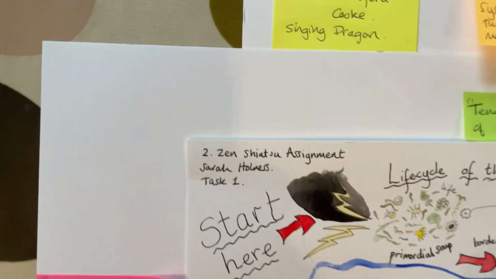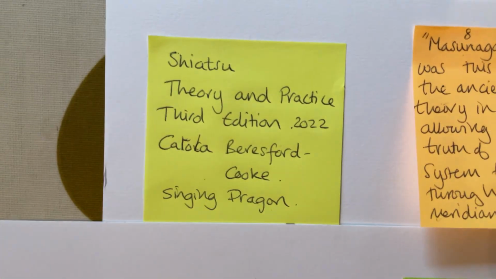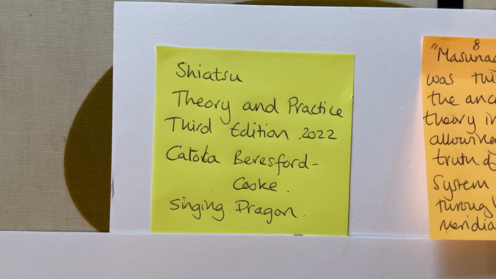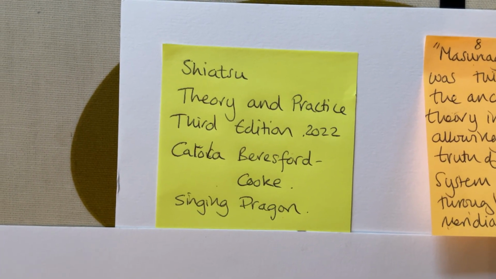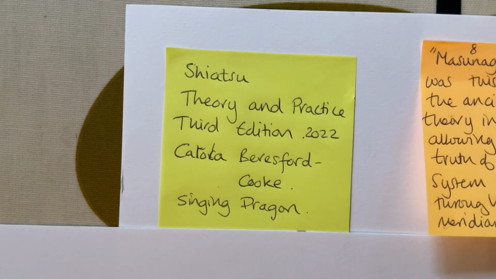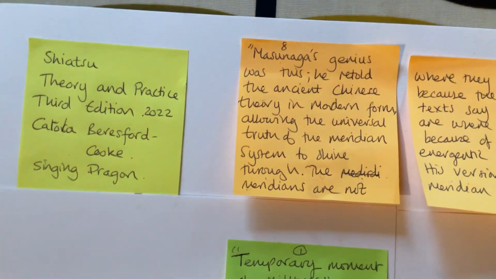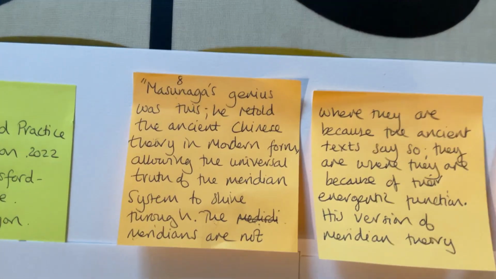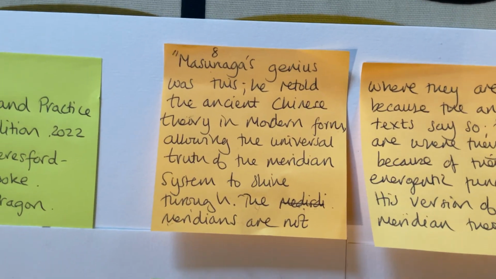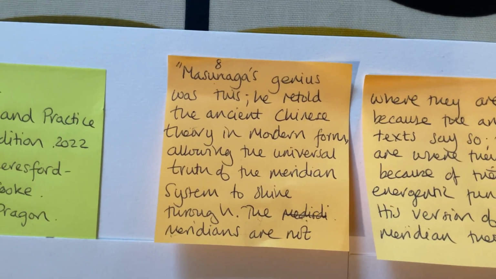So all of the information from this task is taken from Shiatsu Theory and Practice, 3rd edition, 2022, Carola Beresford Cook, published by Singing Dragon. And in her conclusion, at the end of this chapter, she says, Masanaga's genius was this.